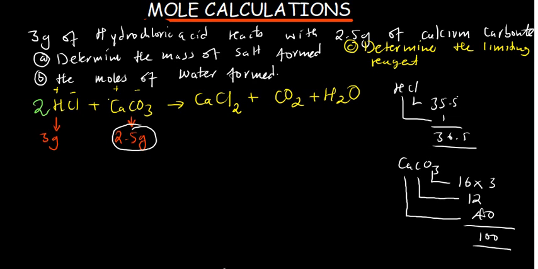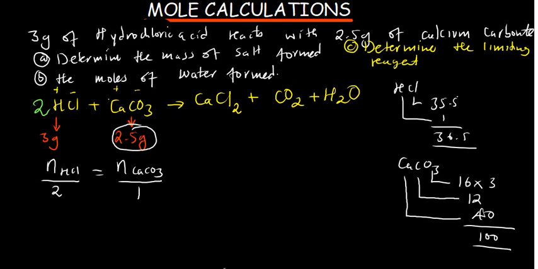And how do we do that? So the number of moles of hydrochloric acid over the coefficient. The coefficient is 2. That's the number in front of the hydrochloric acid. This should be equal to the number of moles of calcium carbonate over the coefficient. Now in this one, calcium carbonate in the balanced reaction is 1. That is why you need to make sure that the reaction is always balanced.